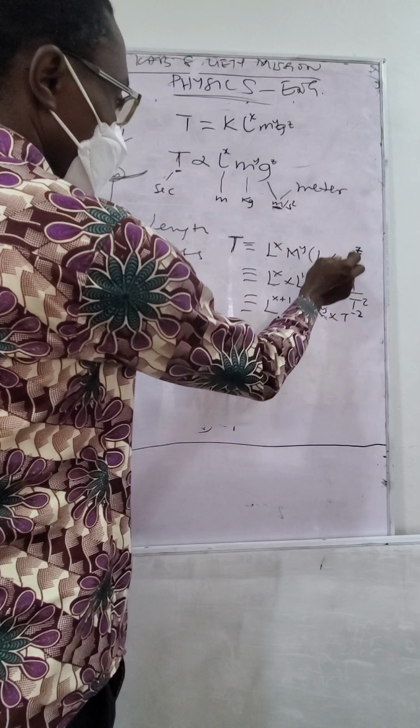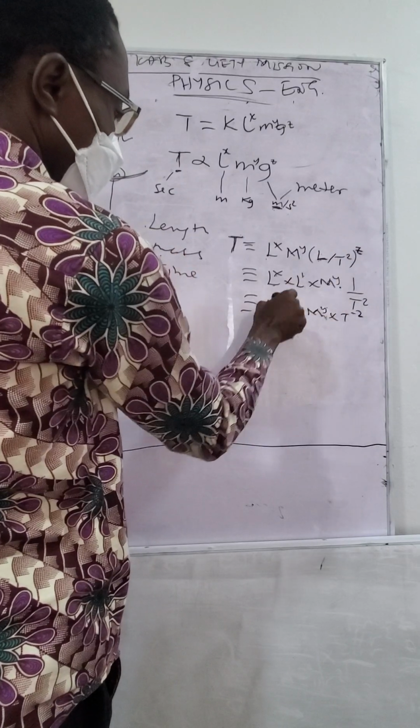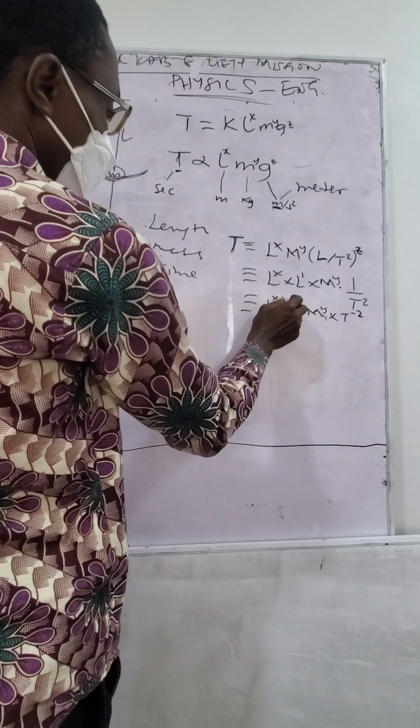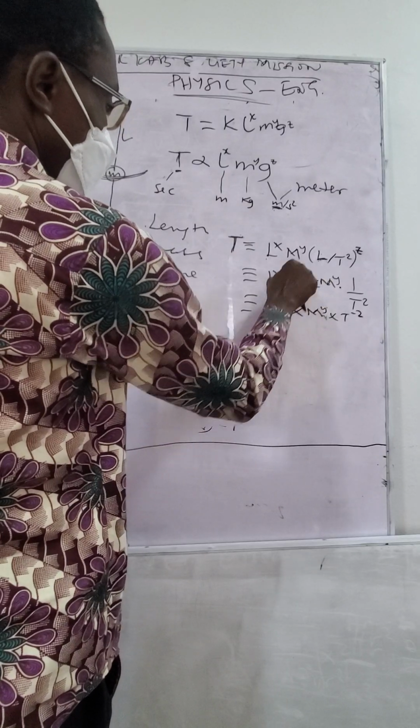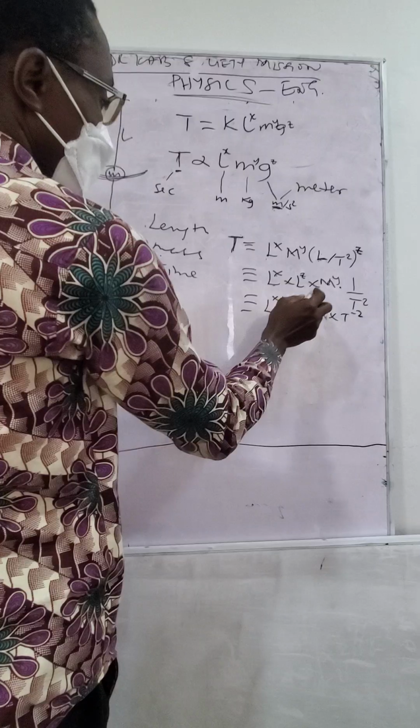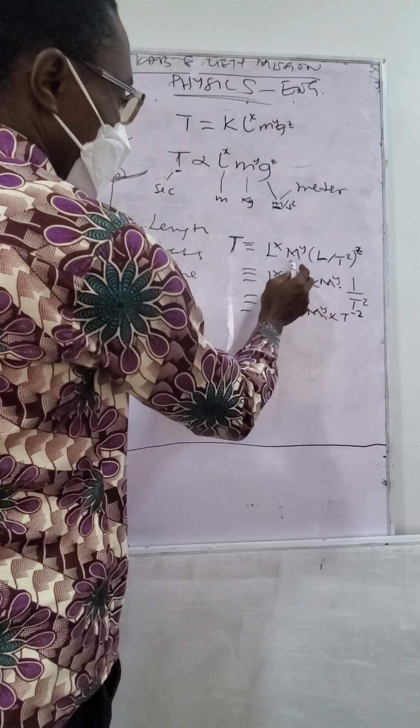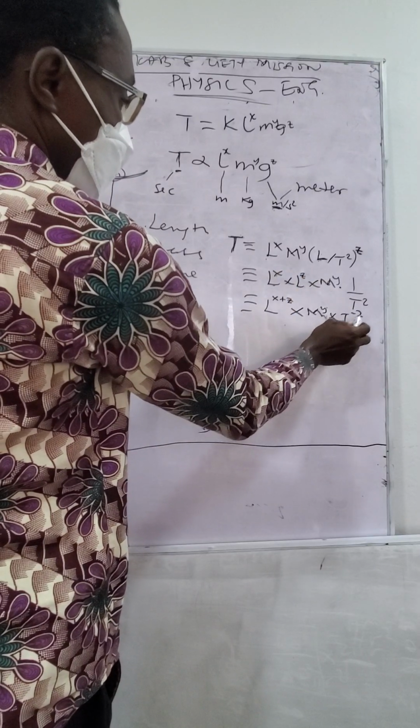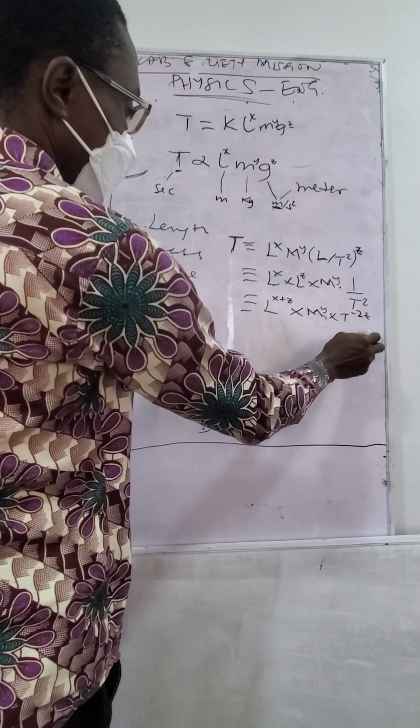Of course, we shouldn't forget that z affected it, so this is going to be z. And then we have our M here. The T is going to be affected by Z here.